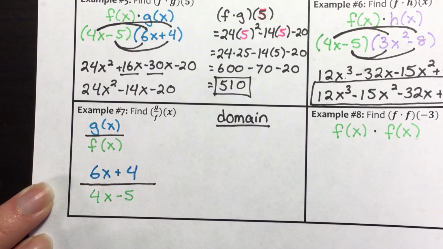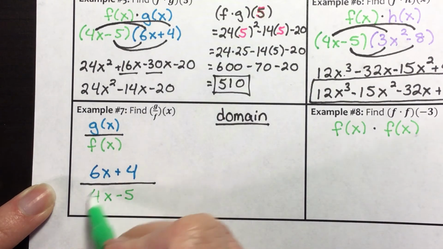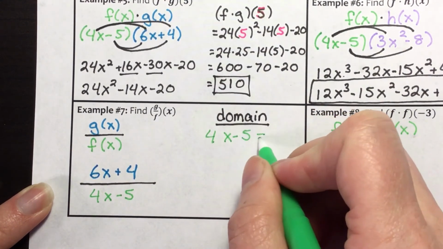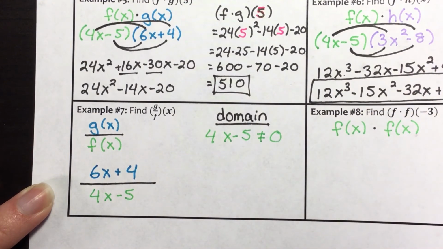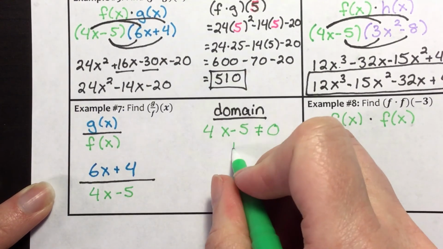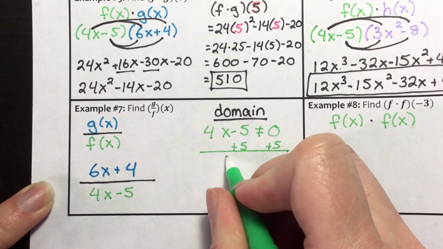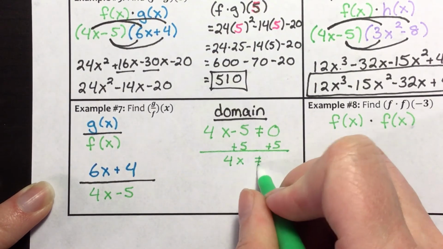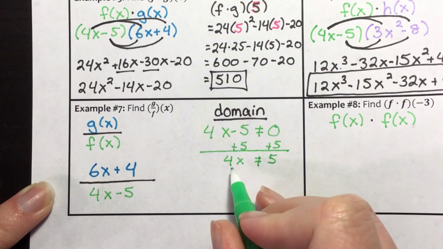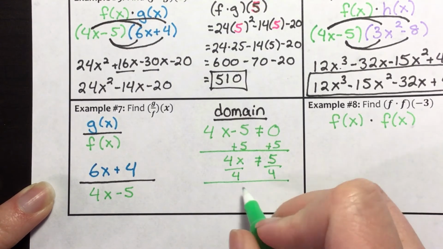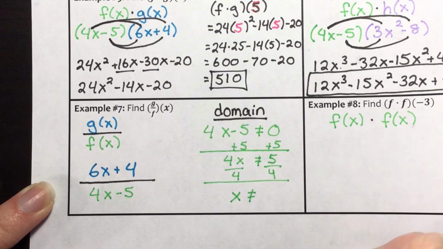The whole part about domain is that we are not allowed to divide by 0, so we take the denominator, 4x minus 5, and say that it's not allowed to equal 0, and then we solve this for x. So add 5. 4x is not allowed to equal 5, and then divide both sides by 4. x is not allowed to equal 5 over 4.